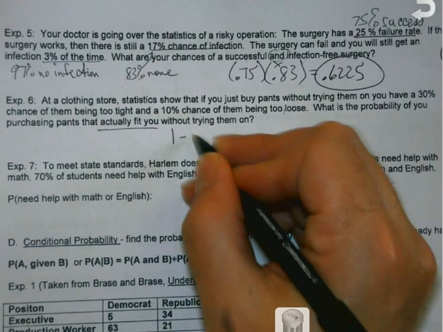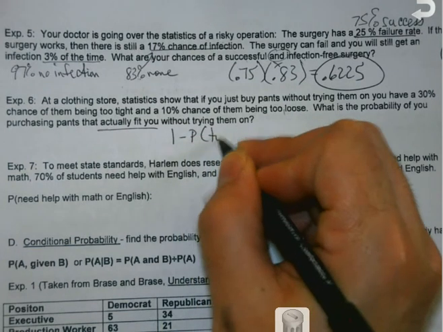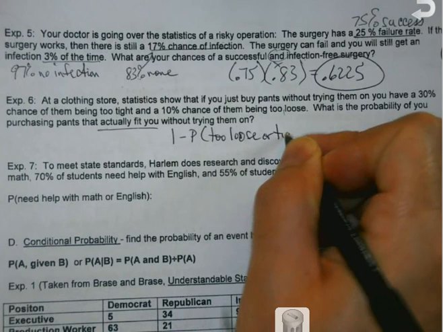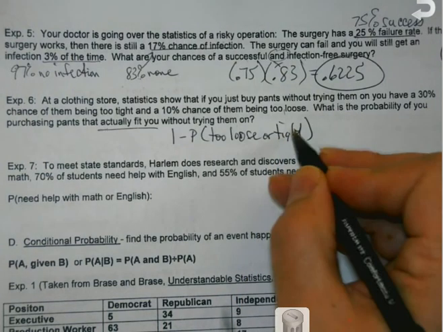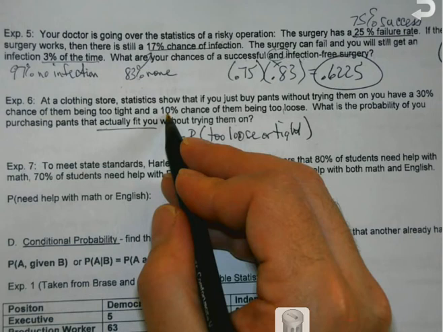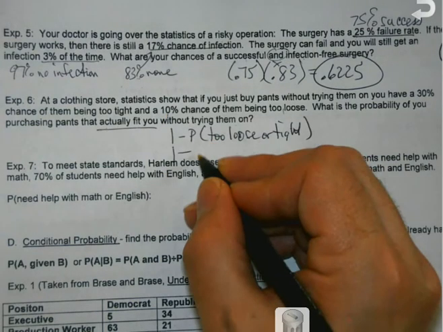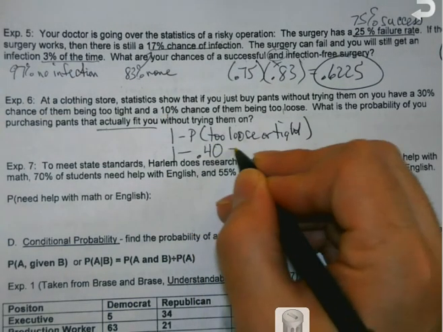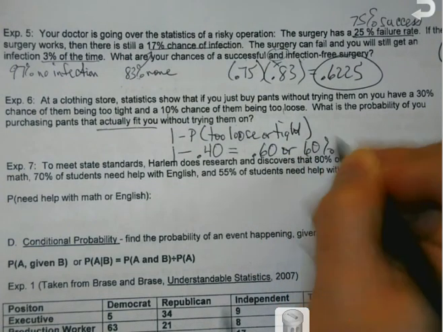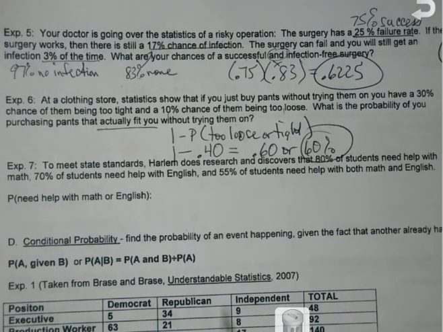So 1 minus the probability of too loose or tight. Well, I add them together. 30% and 10% is 40%. So there's a 60% chance I'm getting pants that actually fit. I think it's worth the time in that case to actually try them on, but that really has nothing to do with the problem.